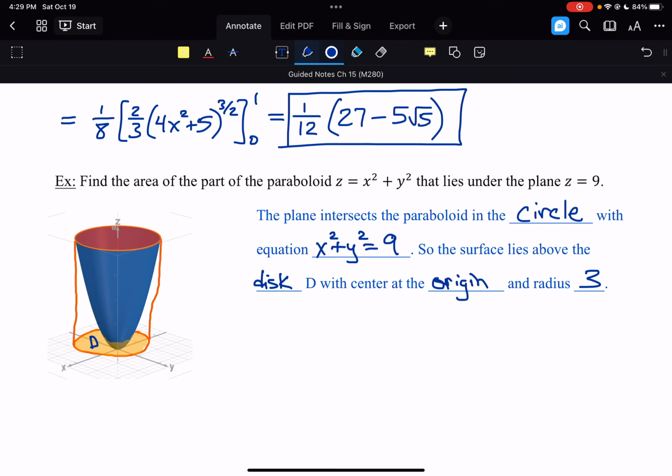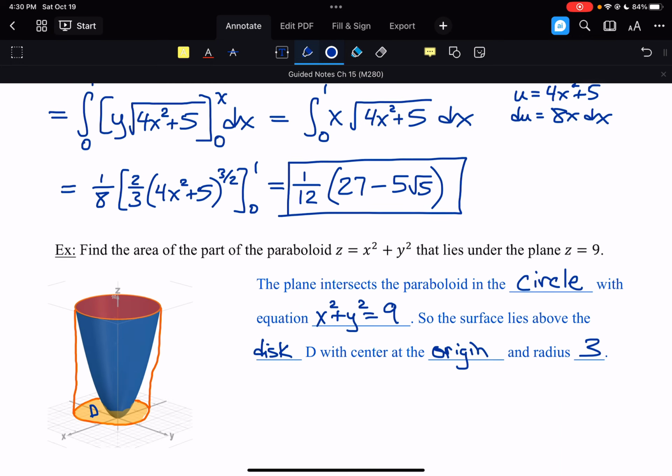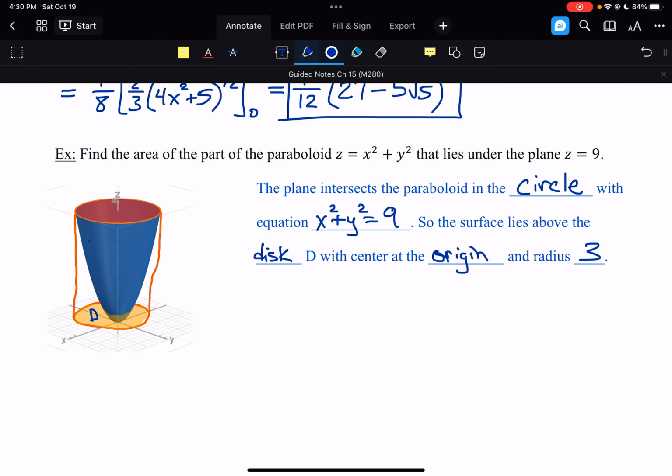Okay, so we're integrating under this surface above this region. And using this particular formula with the square root, we're going to be able to find the area of the blue surface here, everything below that plane.